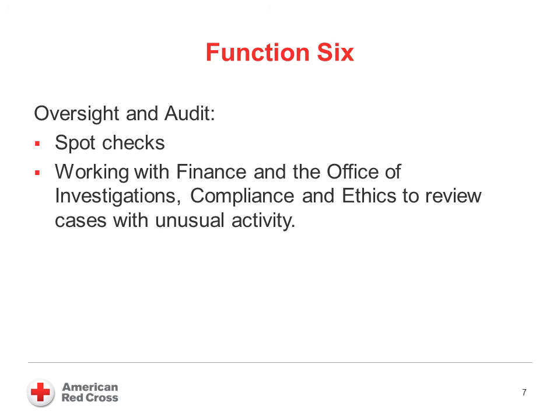Same thing, that the inventory logs are being appropriately kept for CACs. This is again just conducting spot checks, ensuring that there is overall oversight over the fiscal controls within individual regions. And if there is suspicious activity, then the Function 6 individual will work with Finance and the Office of Investigations, Compliance, and Ethics to review cases with any unusual activity.